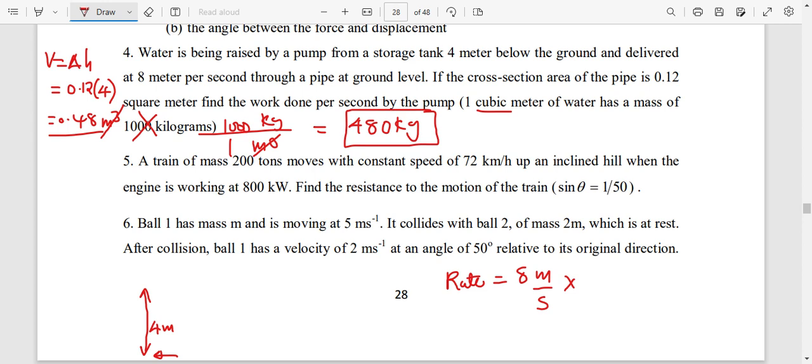Is that okay? Yes. Okay. So I'm going to multiply by the mass of water, which is 480 kg. So this is going to be in meter kg per second, but we want meter newton per second. So the question is, how do I convert the mass of water from kg to newtons?